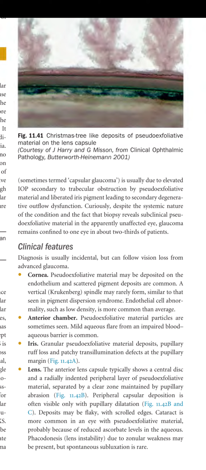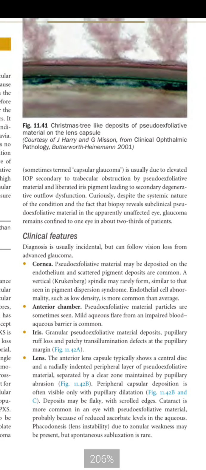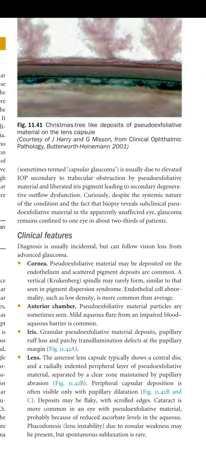There are certain changes that can happen in the cornea, anterior chamber, iris, lens, anterior chamber angle, IOP, and prognosis. In the cornea, pseudoexfoliative material may be deposited on the endothelium, and scattered pigment deposits are common. A vertical Krukenberg spindle may rarely form, similar to that seen in pigment dispersion syndrome.